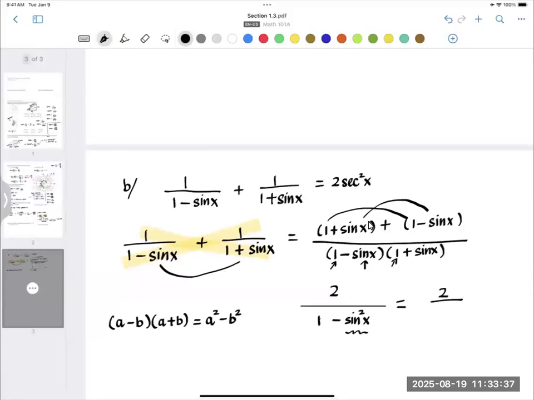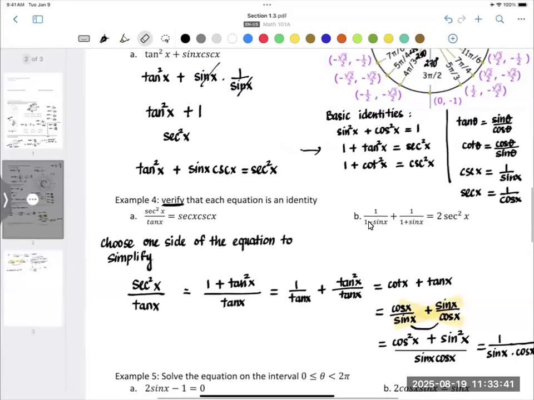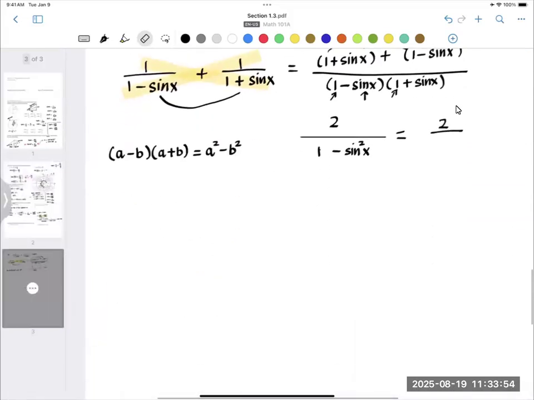We see squares, and when we see squares, we think of the Pythagorean identity. Sine squared plus cosine squared is 1. Then sine squared is 1 minus cosine squared, or cosine squared is 1 minus sine squared.